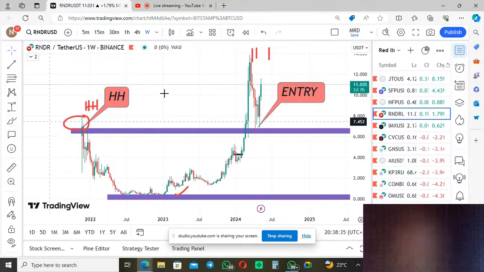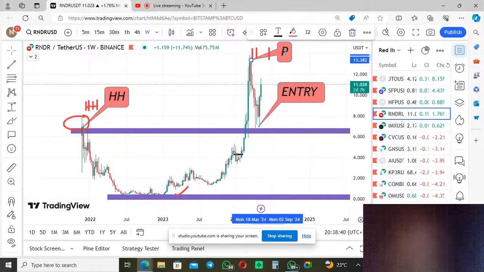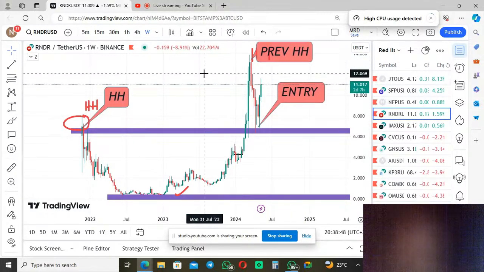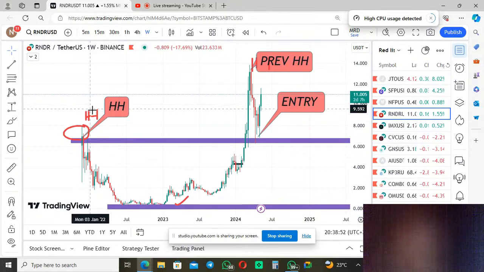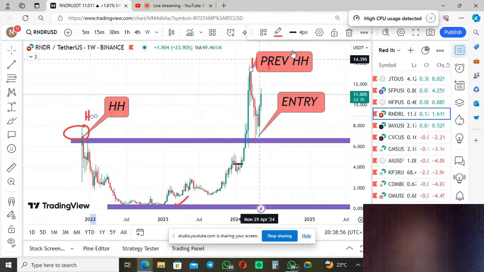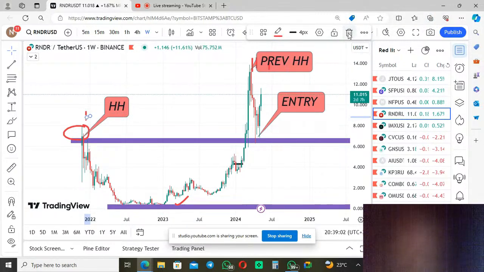Then here, I'm going to abbreviate. Then higher high. Previous higher high. You get my point? Now, what you need to understand from here, at this point. We must look at the higher.